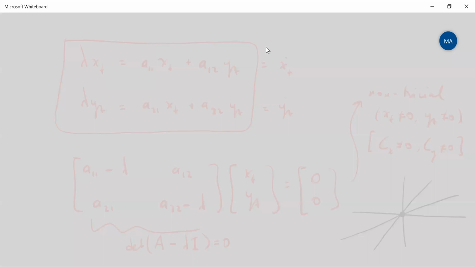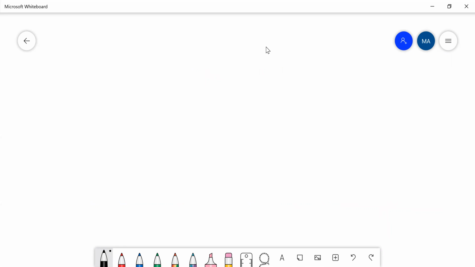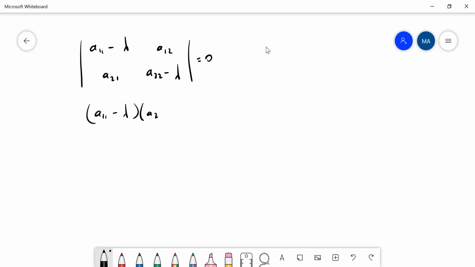So I look at this matrix, and I want this determinant to be equal to 0. So in other words, we have this to be equal to 0.